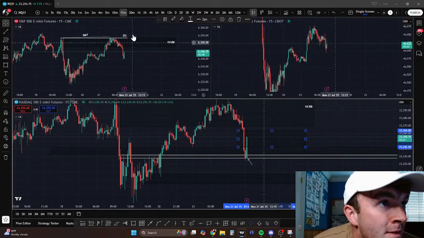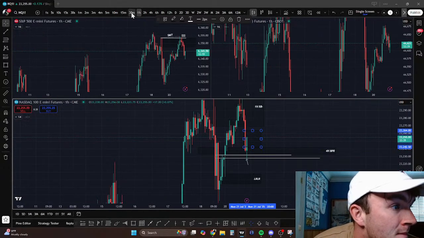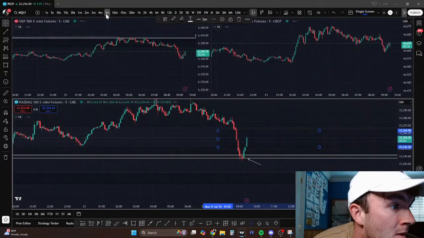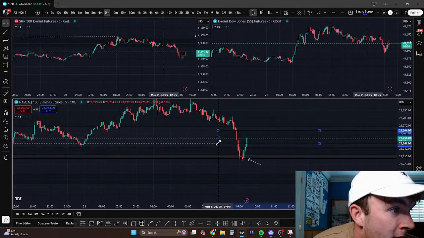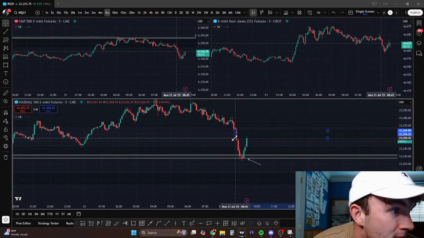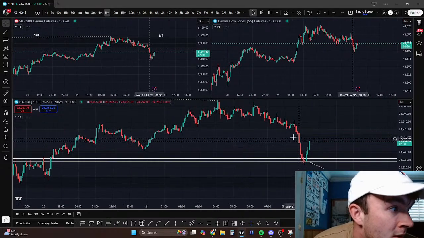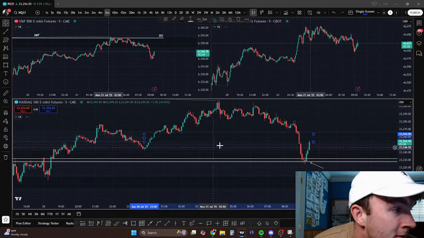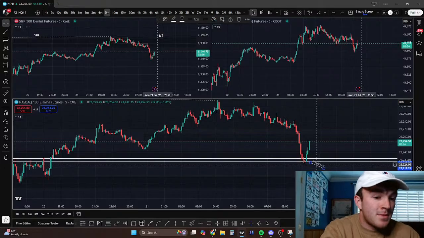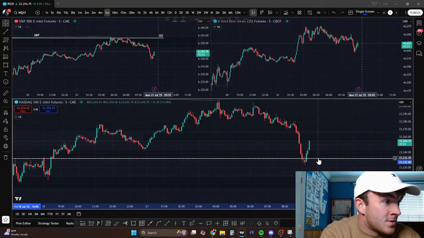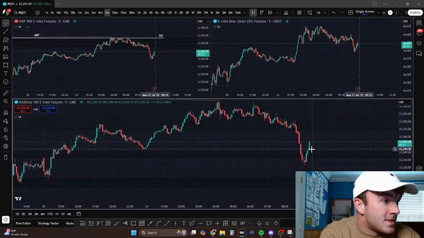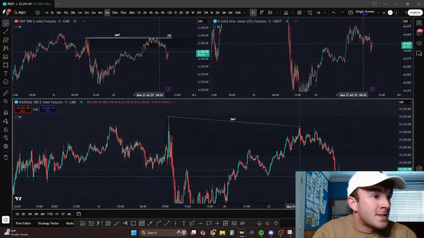Here's 15-minute for value gap. Let's have a 5-minute gap. Alright, technically it's like a BPR here. Okay, let's get rid of stuff on the chart because it's a little bit too messy, right? It's a little too messy.